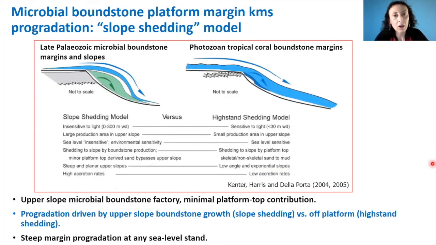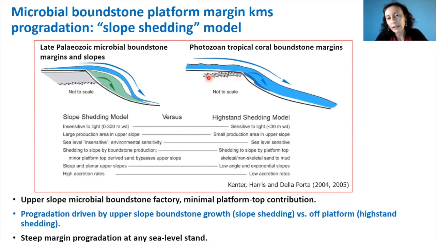The concept of the slope shedding model, that is the main conclusion of this presentation, so these slides will come back at the end of my presentation, show the comparison between a classical light-dependent photozoan and tropical platform, the tropical carbonate factory of Schlager, with a reef bioconstruction limited to shallow depths within the euphotic zone.